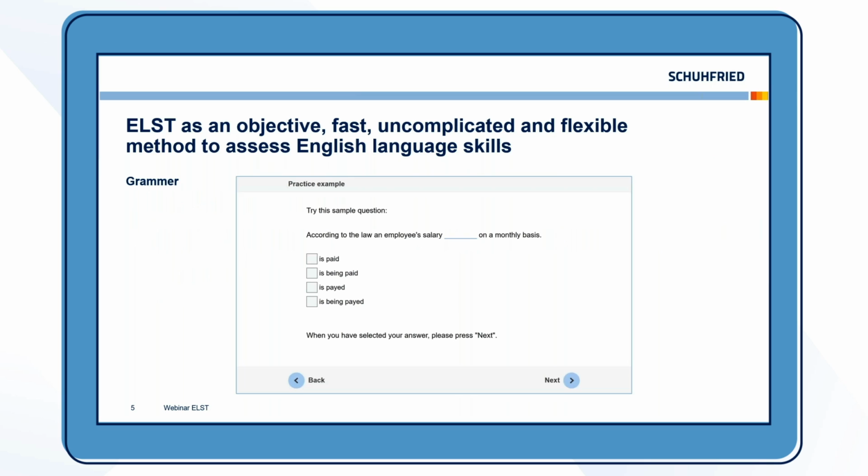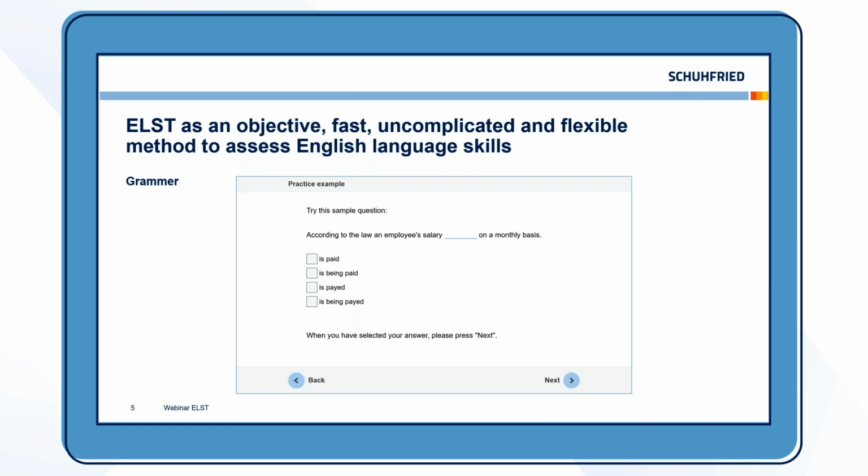In the grammar subtest, sentences are presented in which one part is missing, and the test person has to choose which of the answer alternatives is grammatically correct. The difficulty of these tasks varies according to the frequency of use of certain grammatical structures.